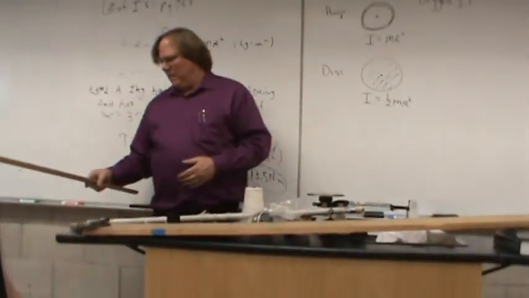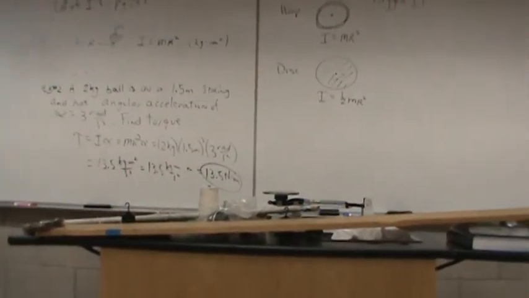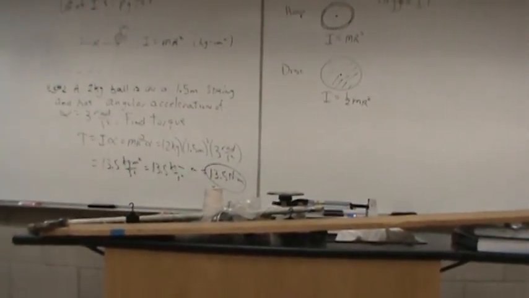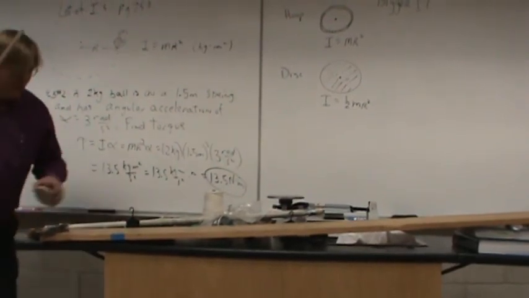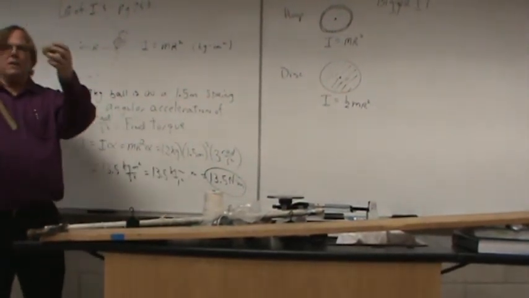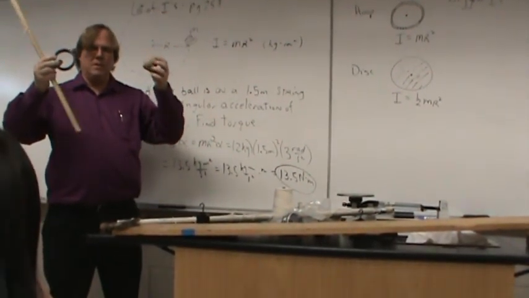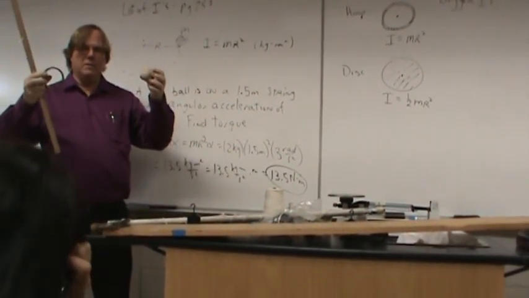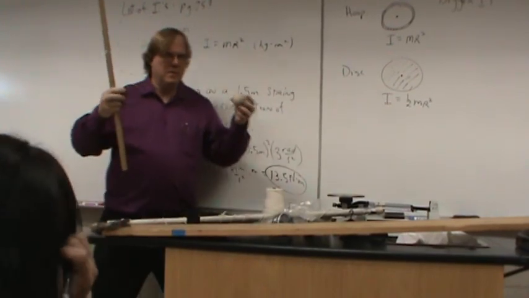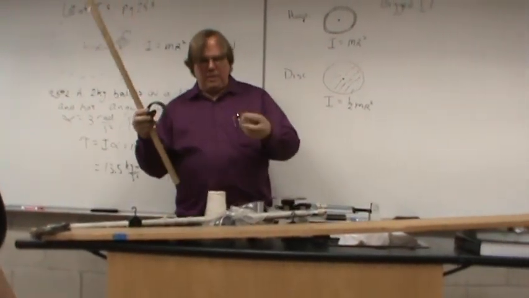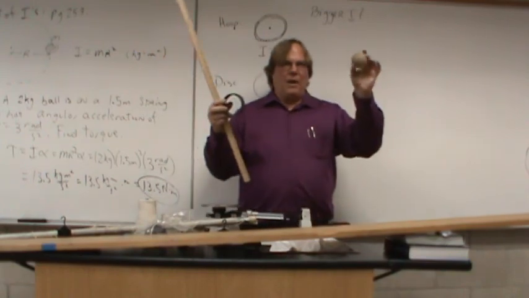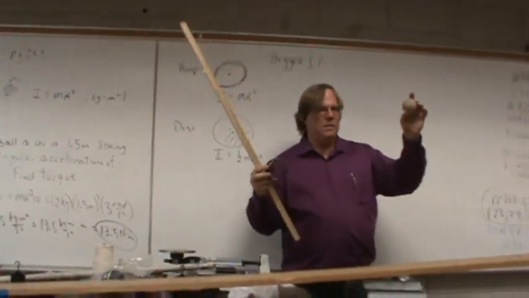Yeah. So here's my next question to you. Let's say I had a race between the hoop and a sphere. Who's going to win this race? Sphere. Good. Why the sphere? Well, how's the mass distributed with the sphere?